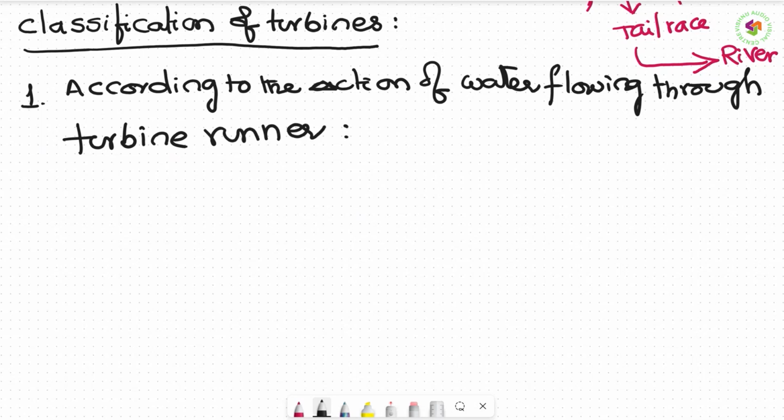Runner is only a wheel on which the vanes are mounted. That's all. So according to the action of water, how the water flowing onto the turbine runner acts.